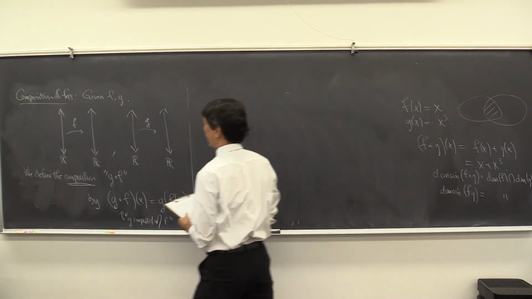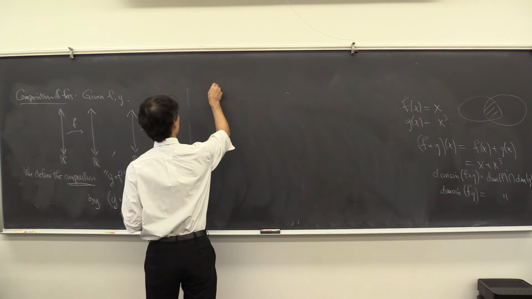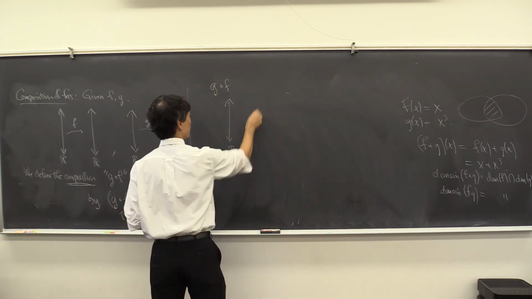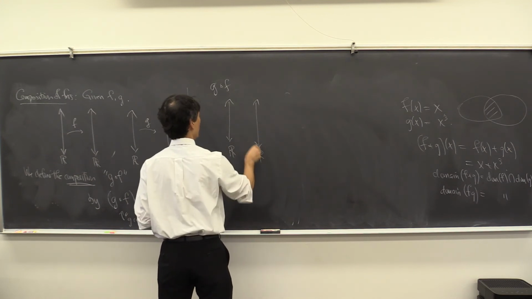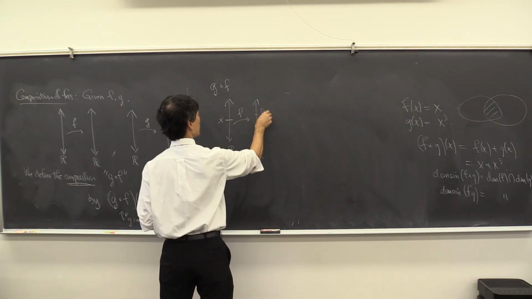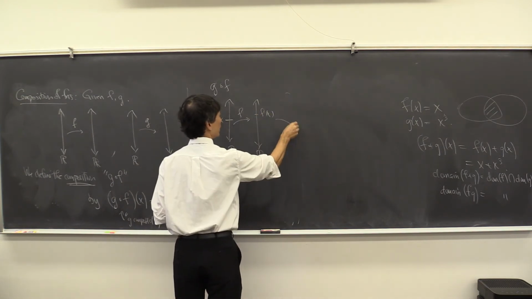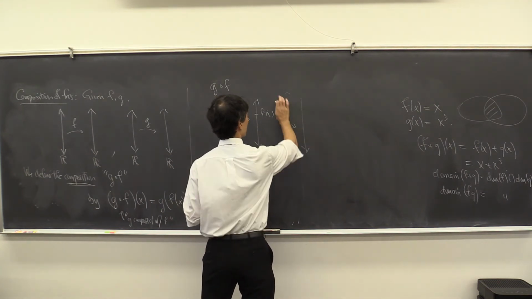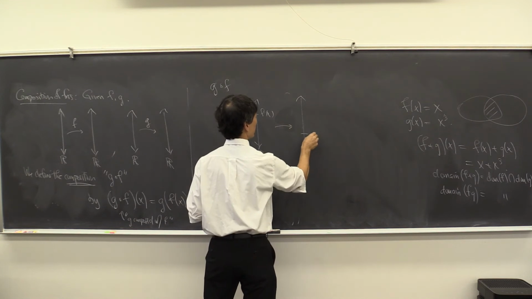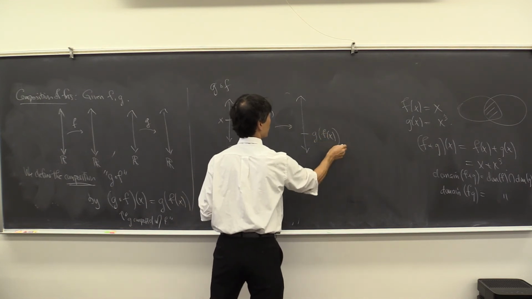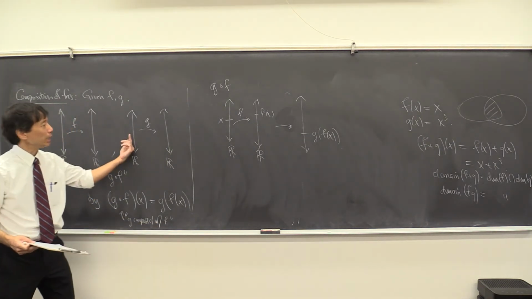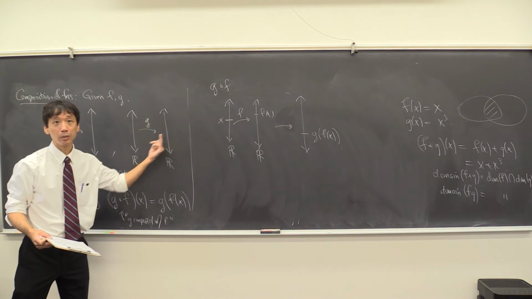So pictorially, for g composed with f, you start off with your f, so x gets mapped to f of x, and then you take that output and map it through g and get something, g of f of x. So you take the output of one function, use that as the input of the next function, and then do it again.